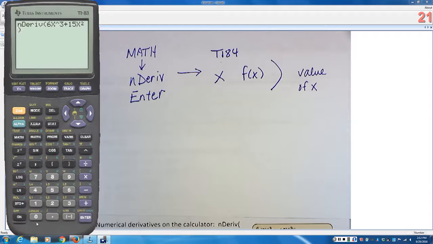Don't close your parentheses yet. You need a comma, and then X, so those first two steps are reversed. Then you'll need another comma, and then what value of X? Well, that's 1. Okay?